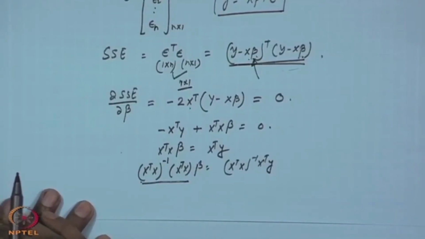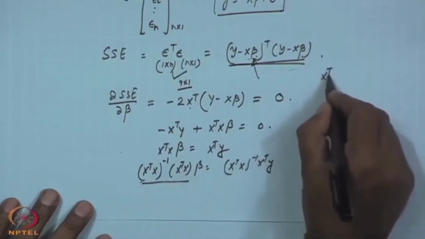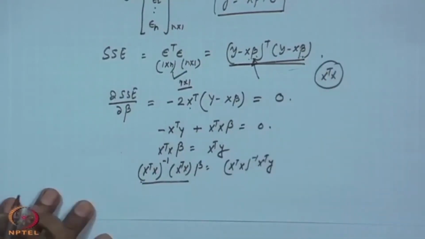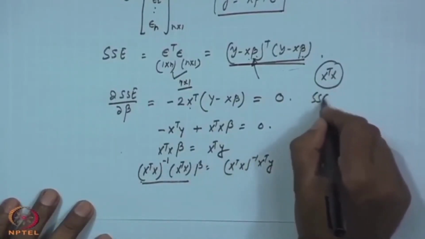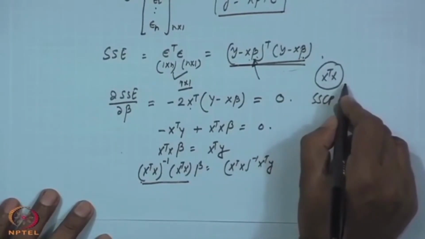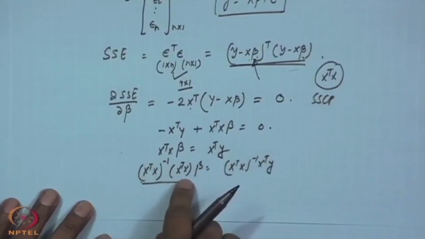In the covariance lecture I gave you that SSCP matrix x transpose x. Can you remember that, the data covariance time? And I said that this is basically a square matrix, a symmetric matrix. So the inverse times this will be the identity matrix, as generally it is full rank.